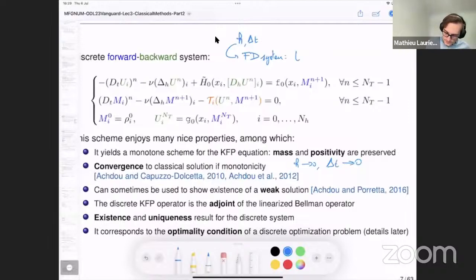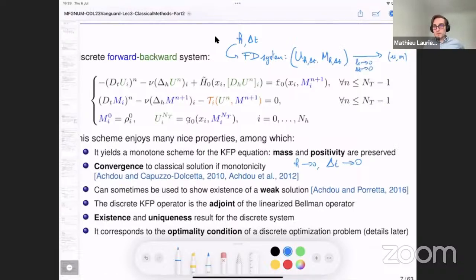So you get u, let's say, parameterized by h and delta t, and also m parameterized by h and delta t. If I change h and delta t, I get a different solution. And you show that this converges to some object when h goes to 0 and delta t goes to 0.